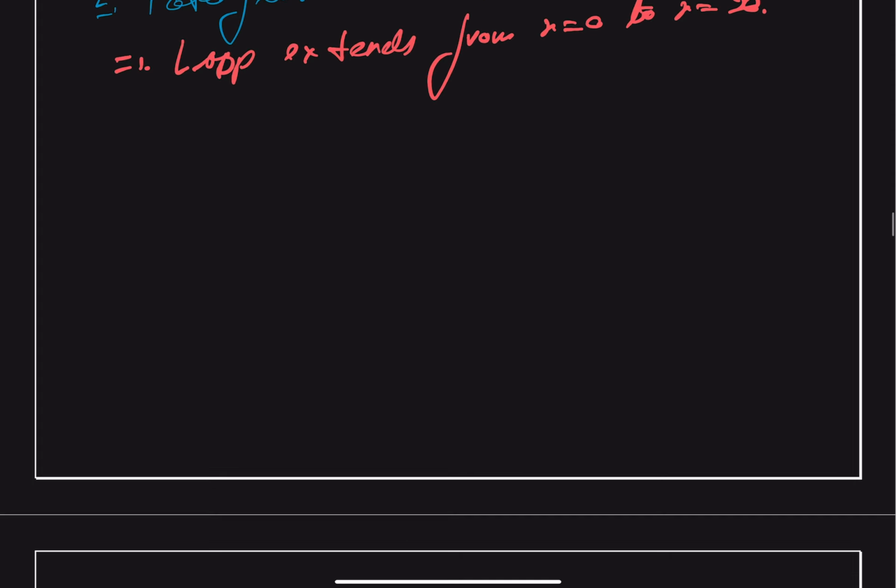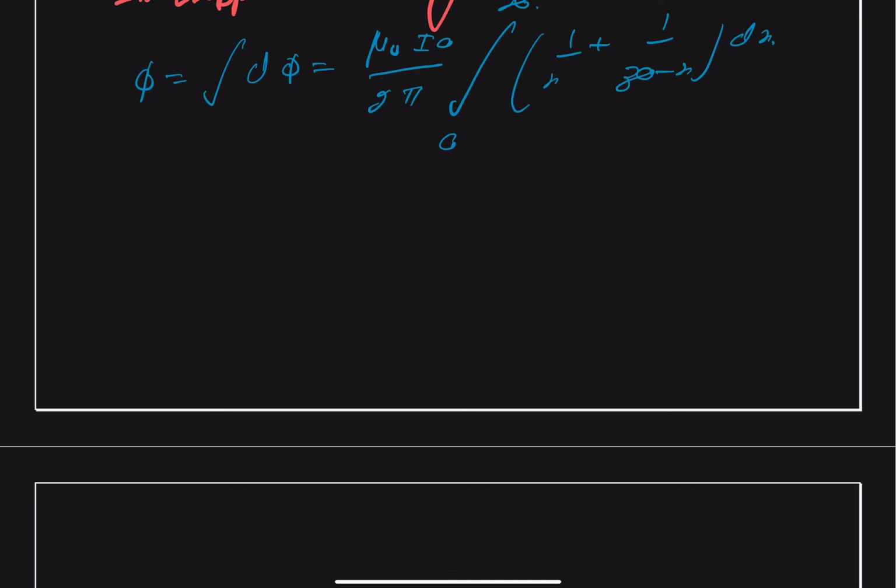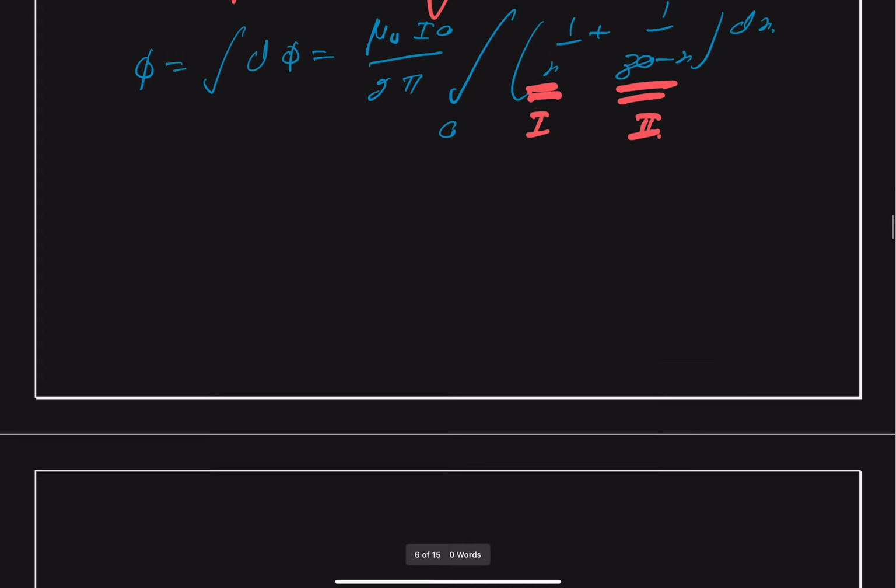Therefore, the total flux phi will be the integral of d phi, and this gives us mu naught I a upon 2 pi times the integration from a to 2a of (1 upon x plus 1 upon (3a minus x)) dx. So here we have two integrations. Let us call this the first one and this the second one. So we will be taking them one by one.